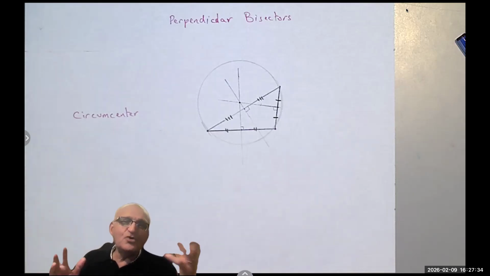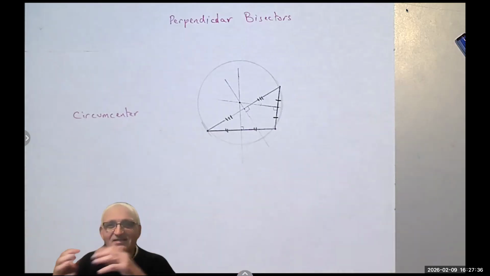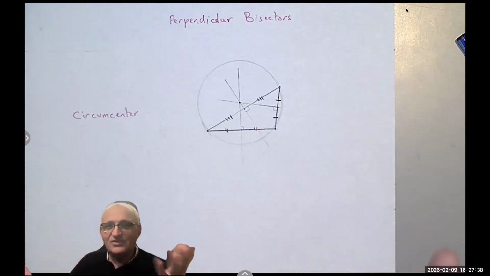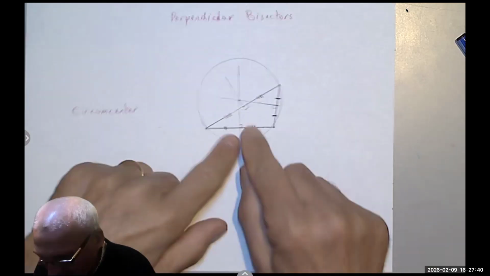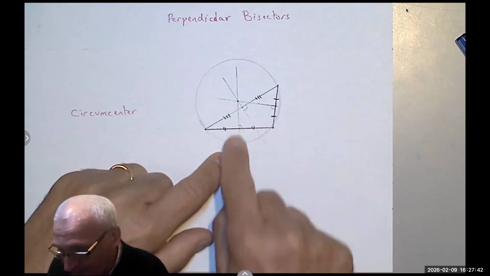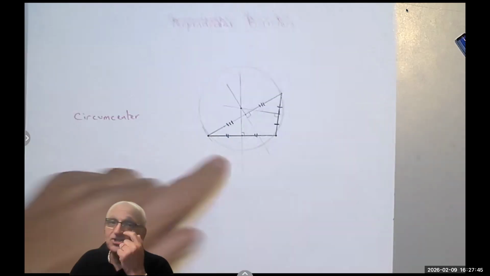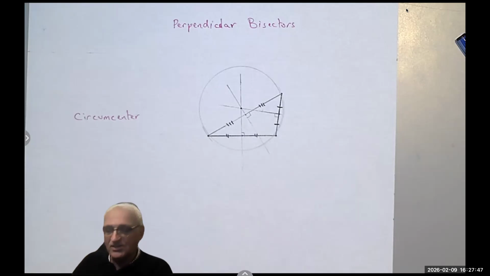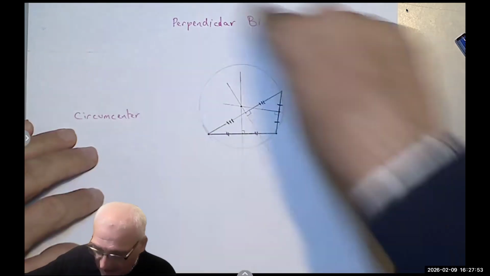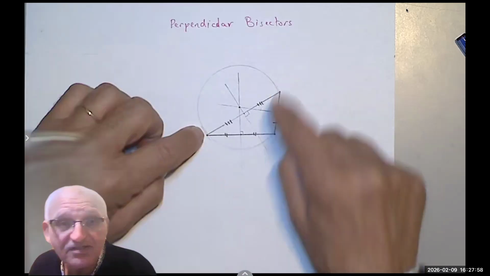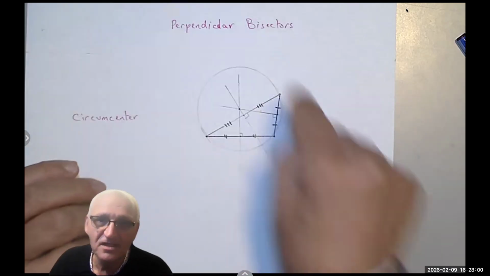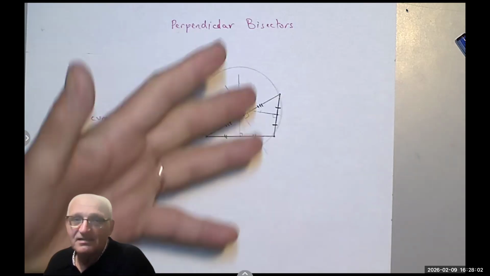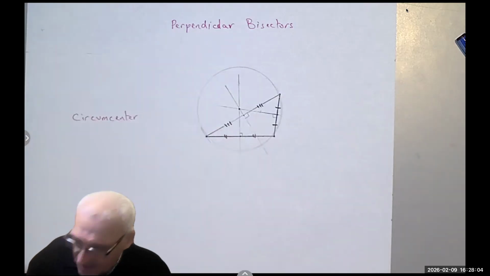We know that we are drawing a perpendicular line in the middle of each side, and they coincide at a point, and that point is the circumcenter, because the three vertices would be on the circumference of that circle. Again, sorry, it wasn't drawn to scale.